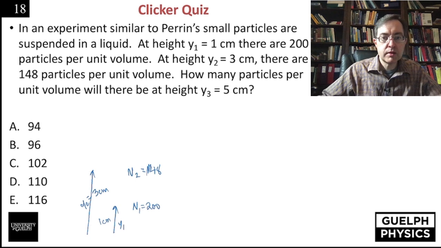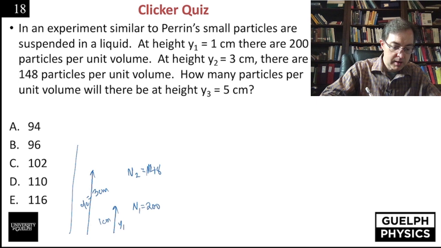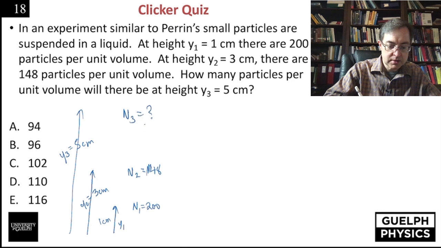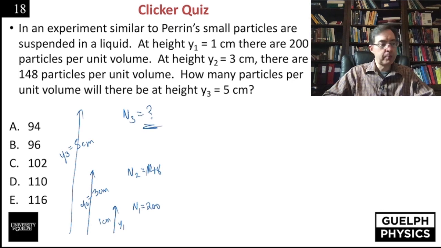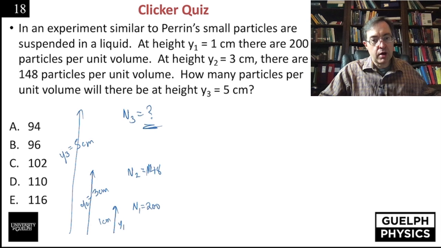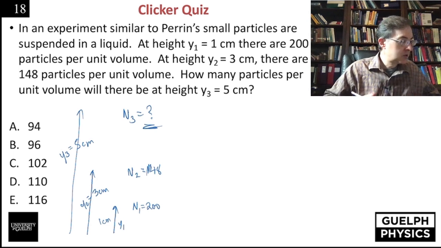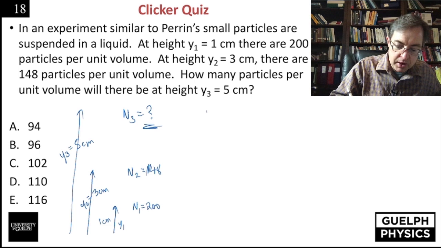Then the question asks, how many particles per unit volume will there be at some height y3, which is 5 centimeters? So the question is, what is the number of particles per unit volume at that height? This problem involves Perrin's experiment, which depends on the Boltzmann equation.